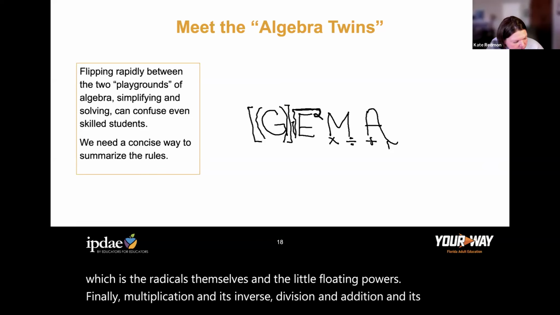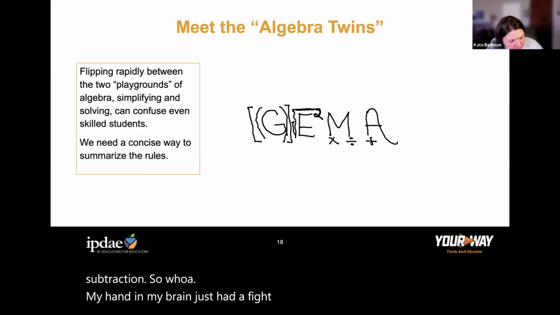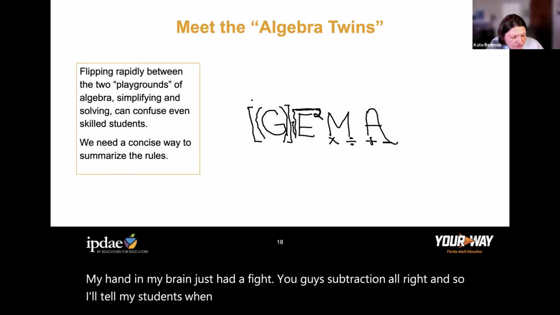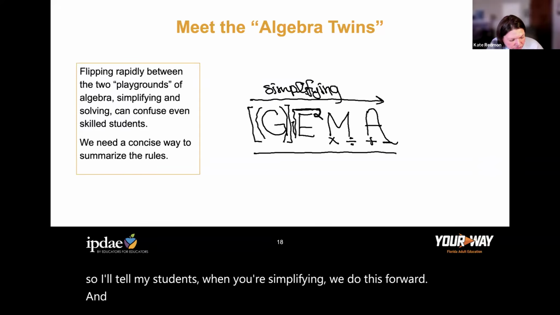Whoa, my hand and my brain just had a fight, you guys. Subtraction. All right. And so I'll tell my students when you're simplifying, we do this forward. And when we're solving, we go backwards.